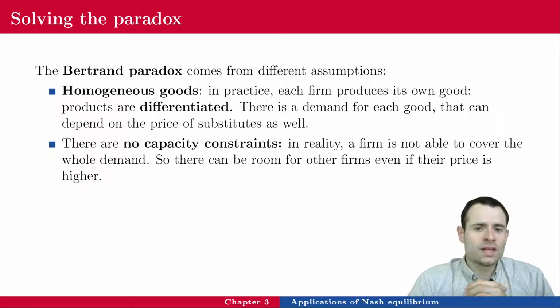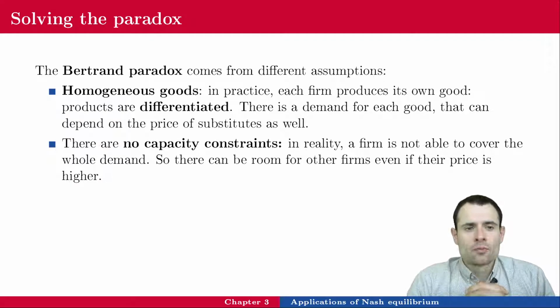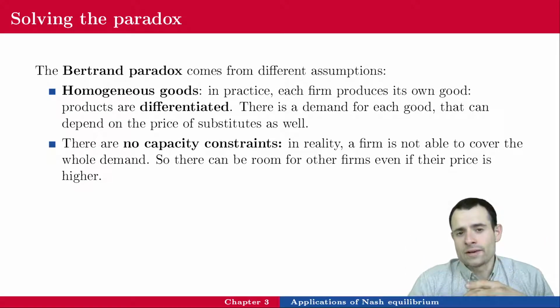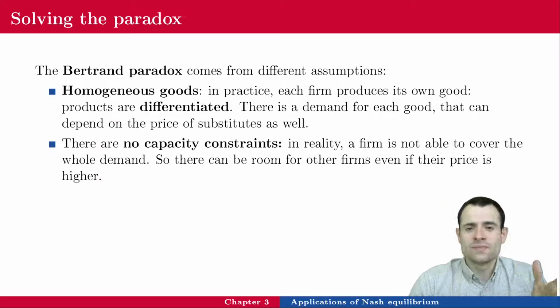I assumed as well here that if the price of one firm is lower than the price of the other firm, that firm will absorb all of the demand. Everybody is going to come to that firm's store. This is the assumption that there are no capacity constraints. Well, in reality, a firm is not able to cover the whole demand.